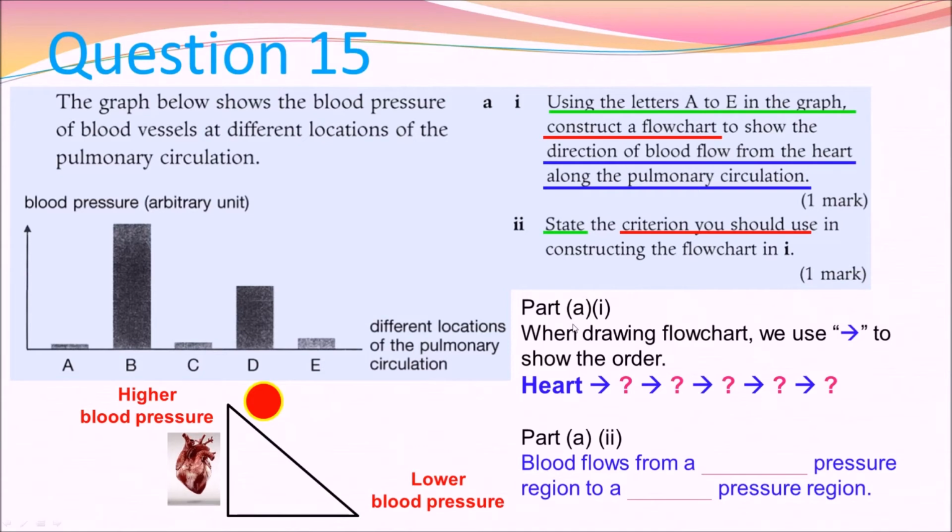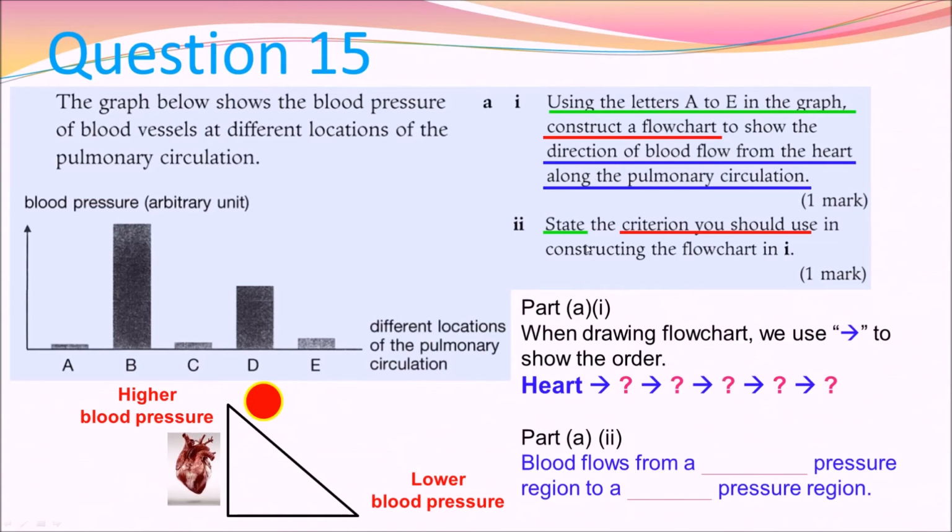Once the heart pumps, boom, boom, boom, which blood vessel will receive the blood immediately after the heart? Remember, use arrows to demonstrate the flow chart. First one, arrow, second one, arrow, third one, arrow, fourth one, arrow, fifth one. So that's part A1.